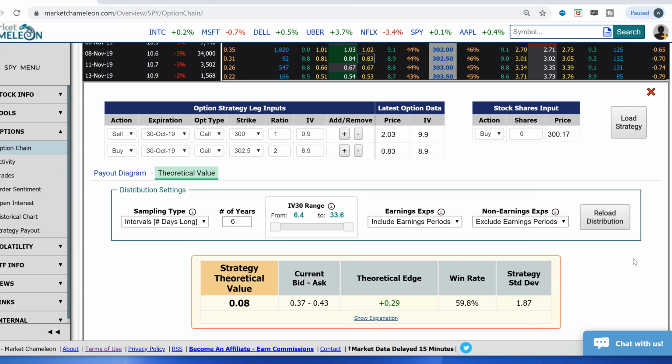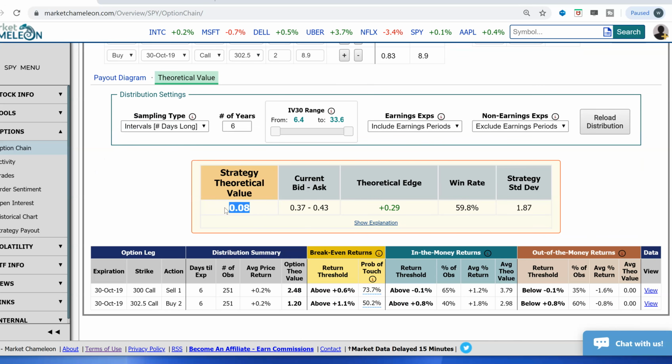I'm going to reload it. Here what it's telling us is right now you'd collect 37 cents if you sold it on the bid. That's the credit. Historically, if you did this strategy over and over in the last 6 years, the end value was 8 cents. So now you're getting paid a little bit more than the average historical end value, and that's where your edge comes in, at 29 cents.